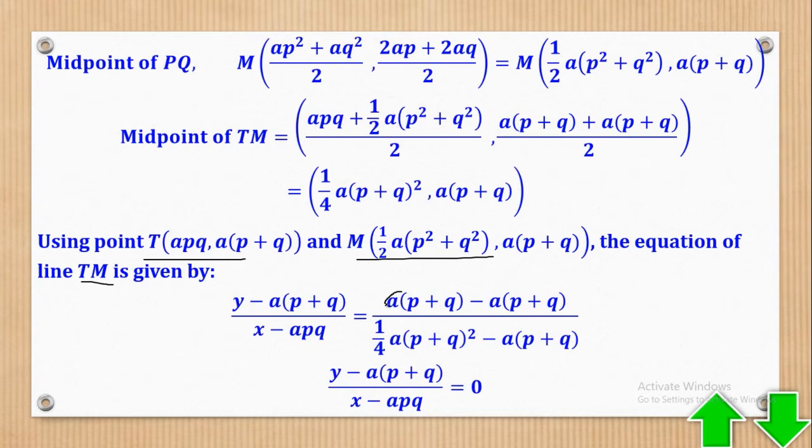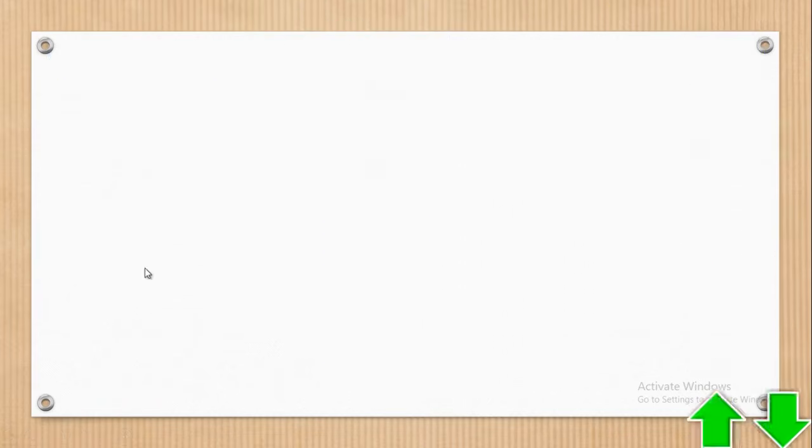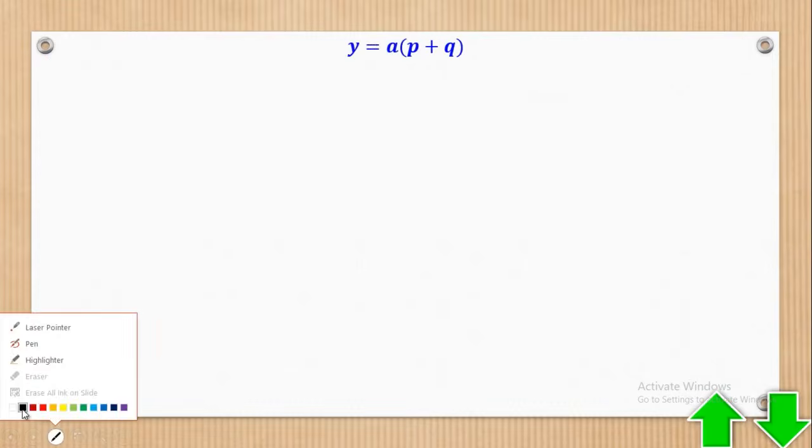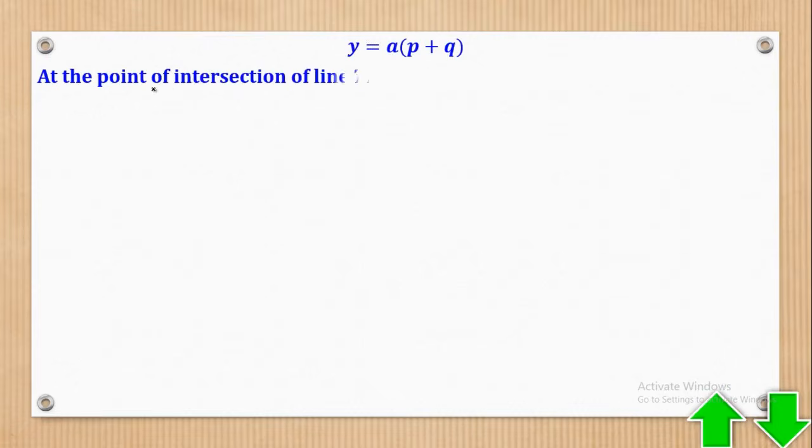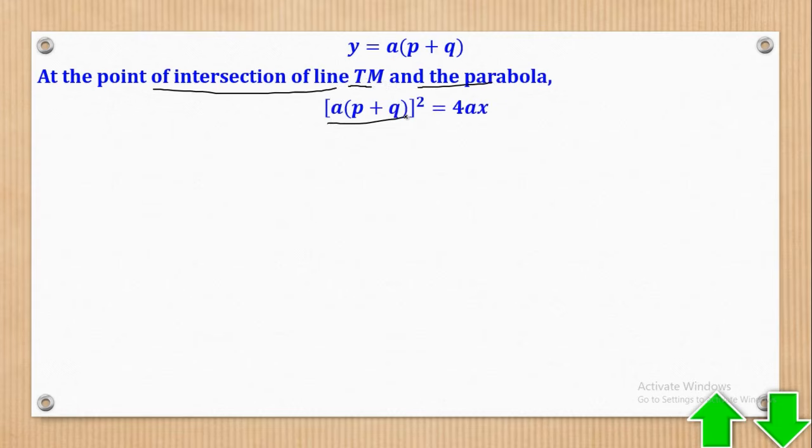So you realize that this one, the whole of this is the same as this, meaning that you will come up with 0. So when you come up with 0, it implies that y will be equal to a(p + q). Now at the point of intersection of line TM and the parabola, this equation must satisfy the equation of the parabola.